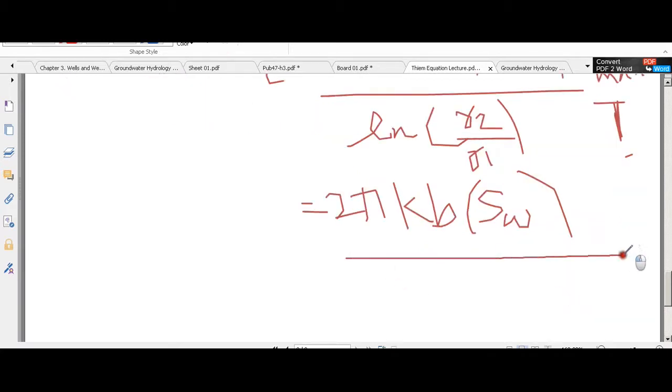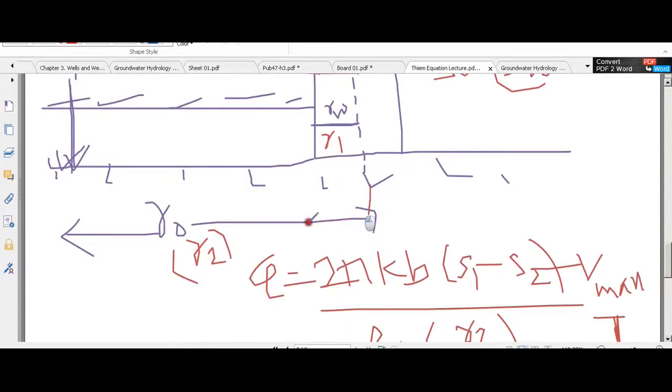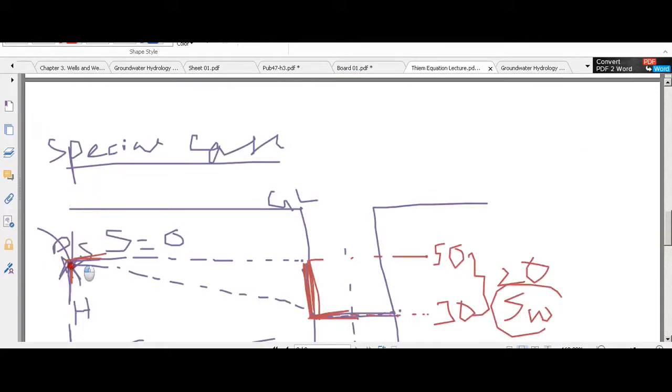When that happens, what is that radius? R naught. See, the radius from this center line to there, where the drawdown value will be 0, because it coincides with this piezometric surface and this curve.